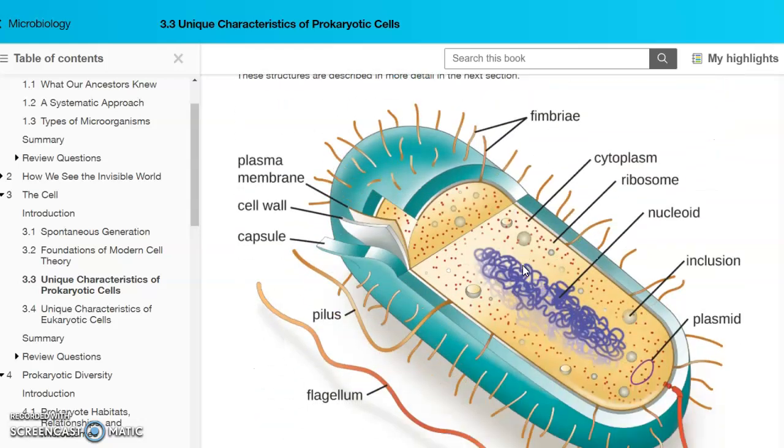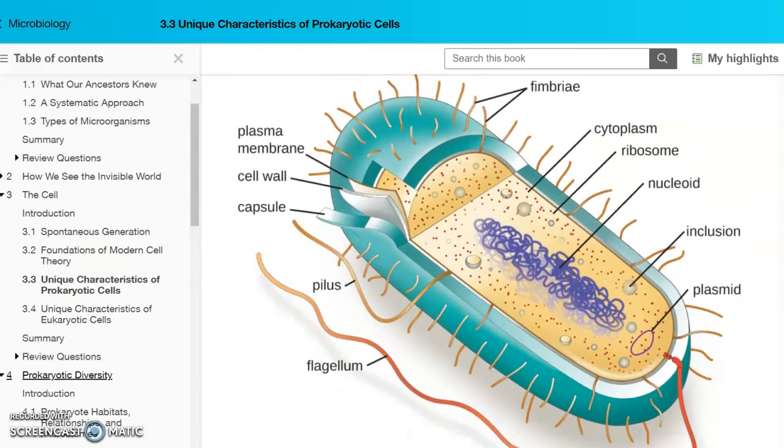So let me bring up this image here. And this is just kind of our standard boilerplate prokaryotic cell drawing. Okay, so this is going to be our representative bacterial cell. And just keep in mind, just like representative plant cells or representative animal cells, not all bacteria look like this.